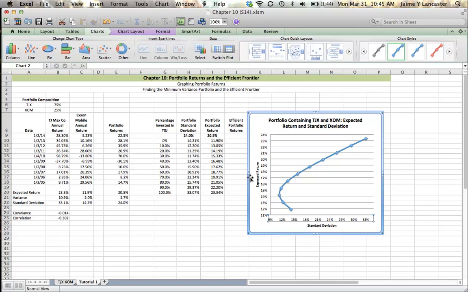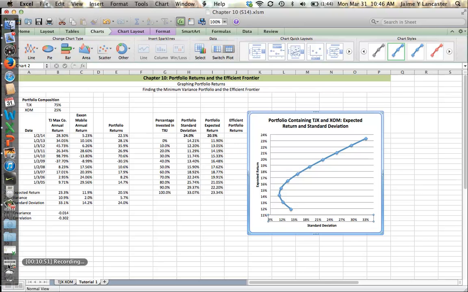All right, so what do we see here? We see a plot that shows a variety of different portfolio combinations and the expected return and standard deviation of each combination.